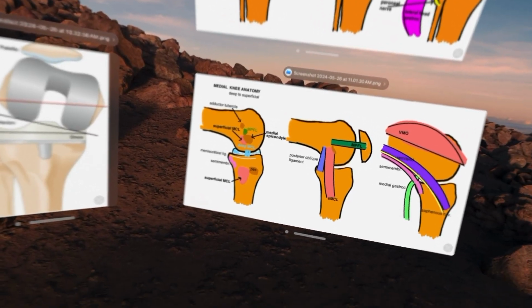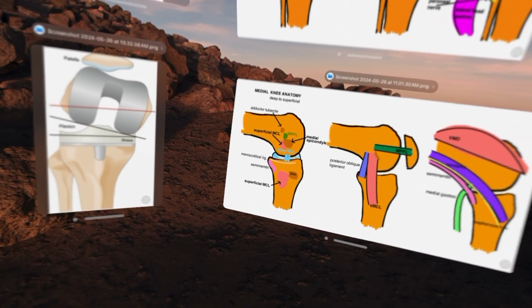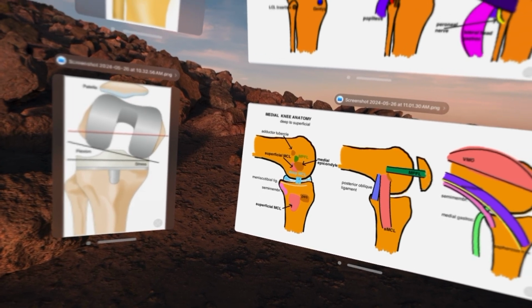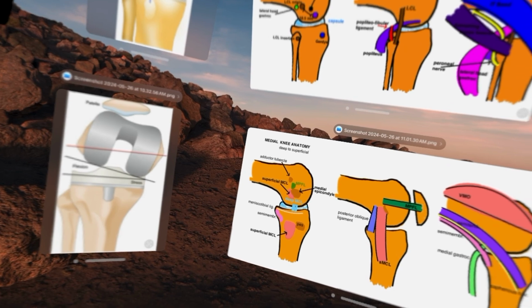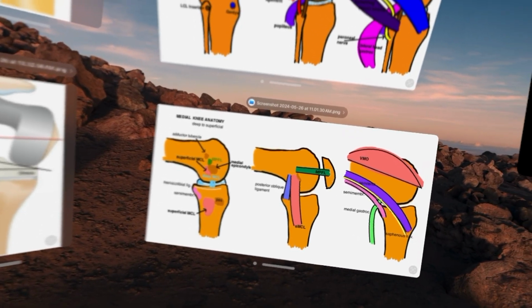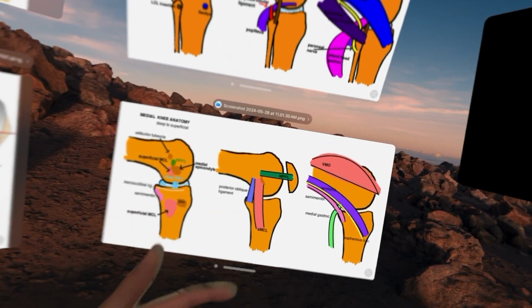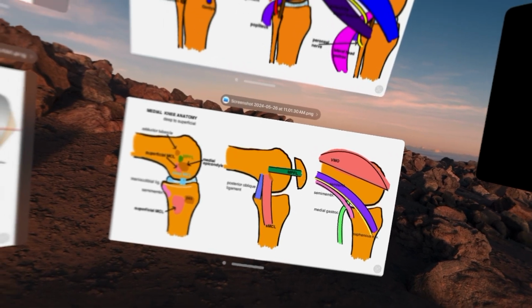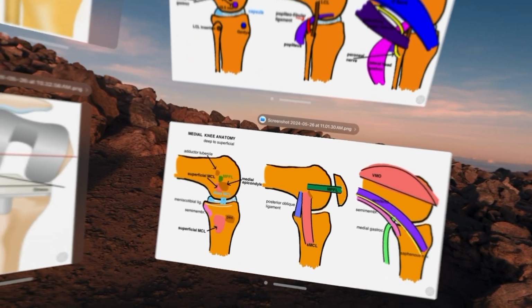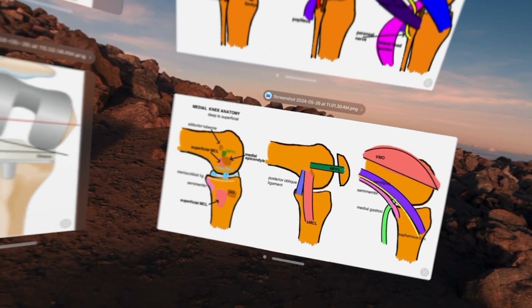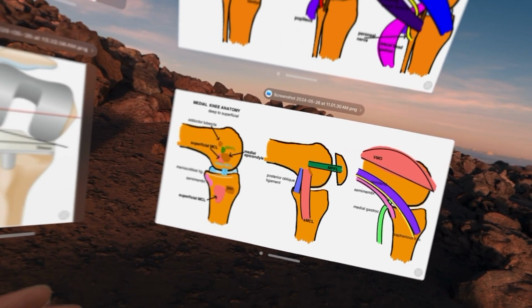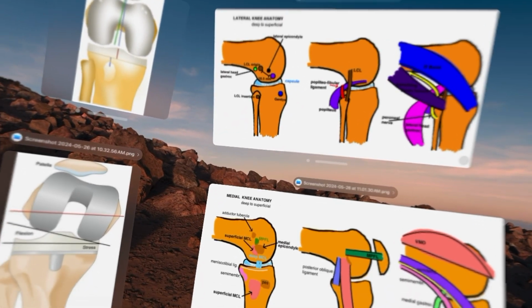So on the medial side, we have the superficial MCL, we have the deep MCL, we have the pes, we have your hamstring tendons. You know, there's other soft tissues that come in. There's the VMO, which is your medial quadricep. So it's different tissues that help balance the medial side and make it a little bit more of a pivot, make it a little bit tighter as opposed to the tissues on the lateral side.